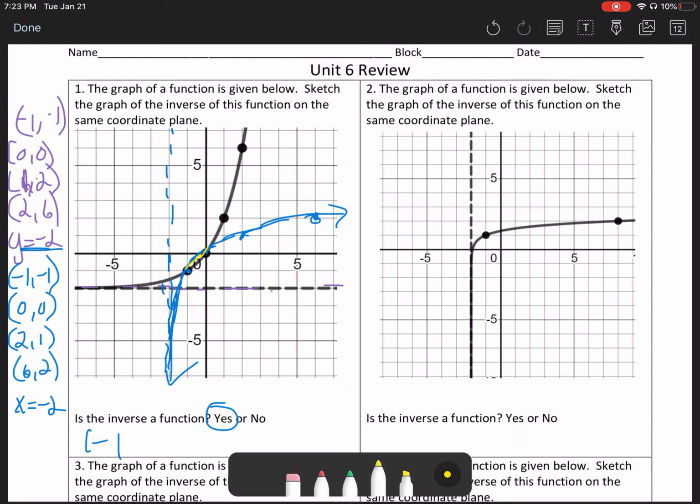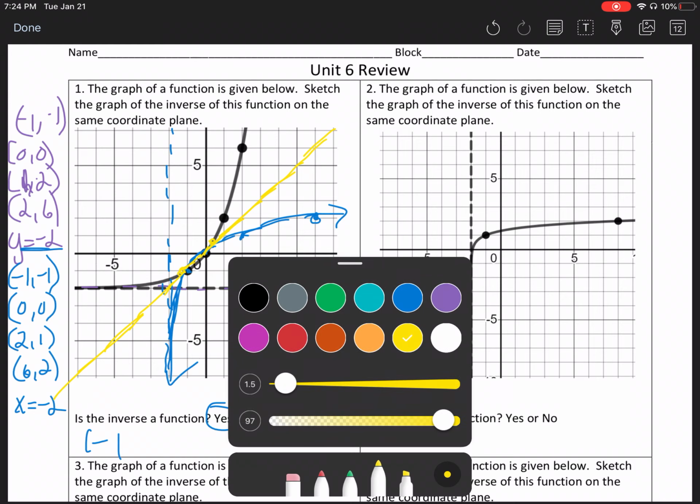If I draw a line along y equals x, which goes through 1, 1, 2, 2, 3, 3, -1, -1, what you'll notice is that first off, the graphs intersect as they cross that line. But also, if I fold my graph along that line, it folds on top of itself. And so the graphs are actually reflections of each other. A graph and its inverse are reflections of each other because y becomes x and x becomes y.